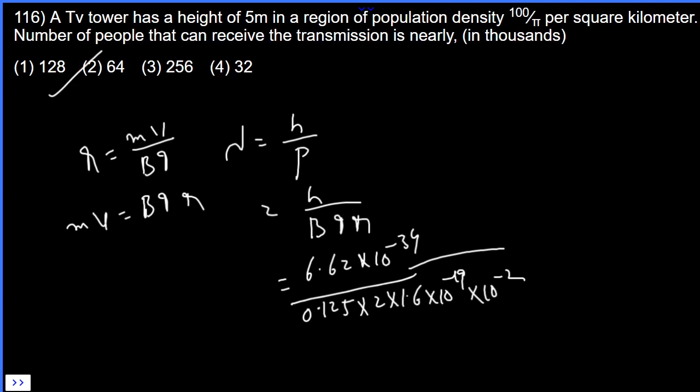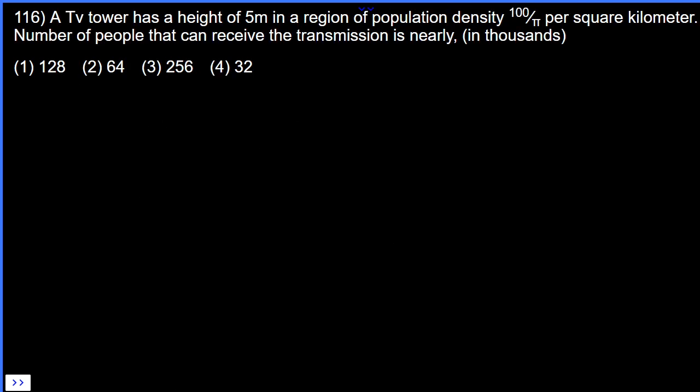Next, 116. A TV tower has a height of 5 meter in a region of population density 100 by pi per square kilometer. Number of people that can receive the transmission is nearly, in thousands. So we have to calculate the number of persons. According to the formula, number of persons is equal to area covered into population density.